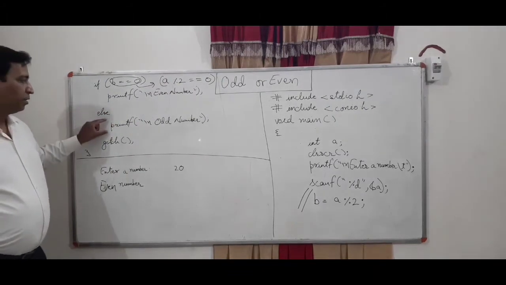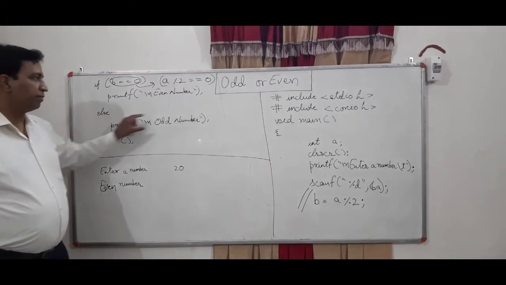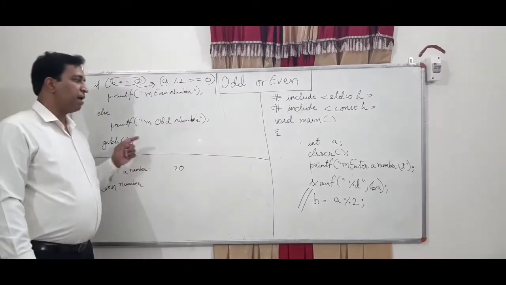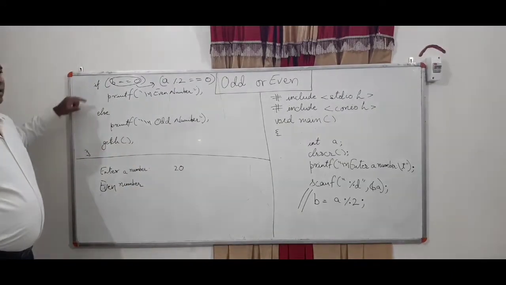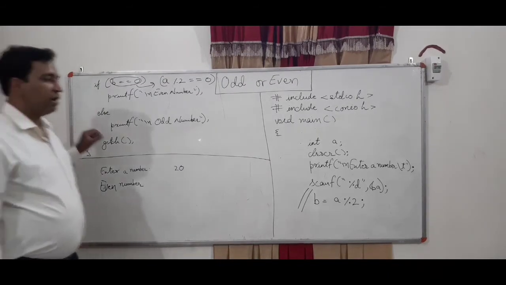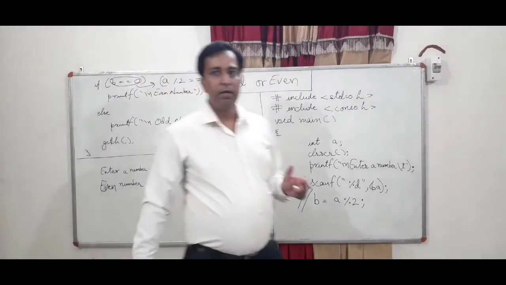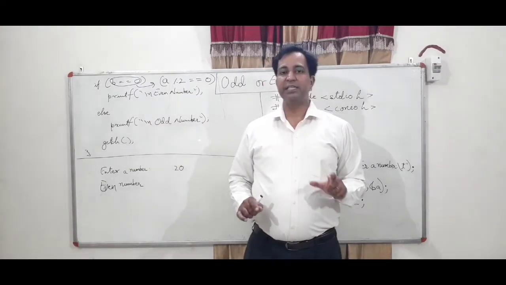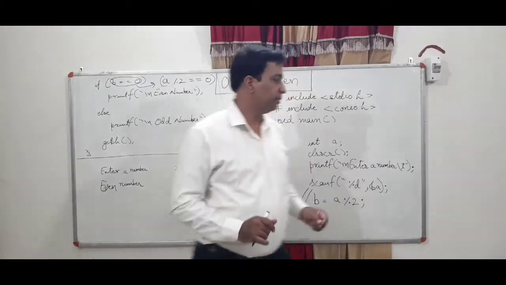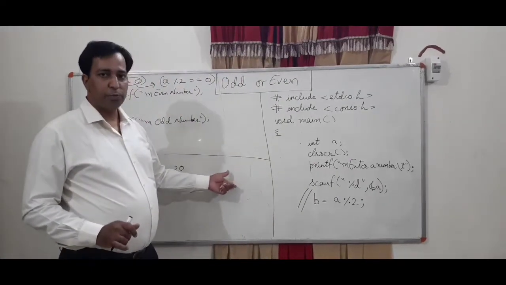And then else, without curly brackets, you can give this. So if we have only one statement to run with if and else, then curly brackets are optional. But if you have a set of statements to run within the body of if and else, then curly brackets are mandatory, right? I hope you have understood this program.